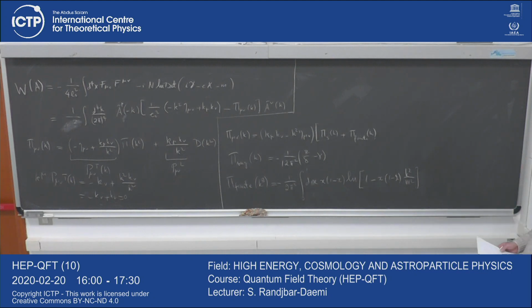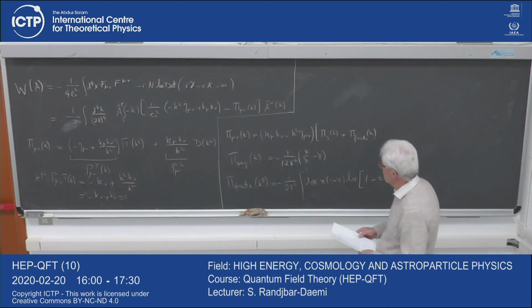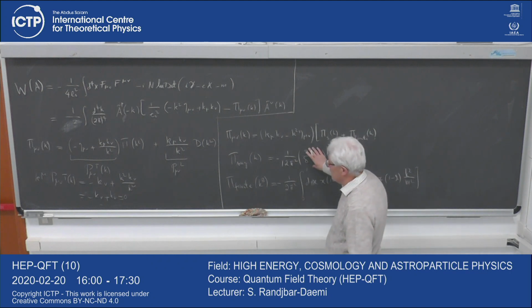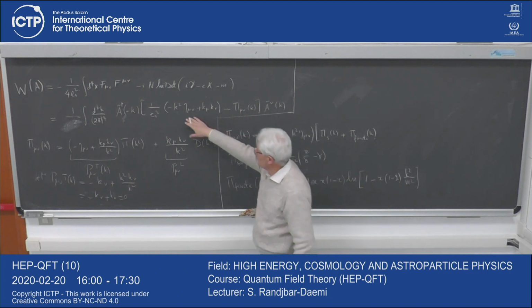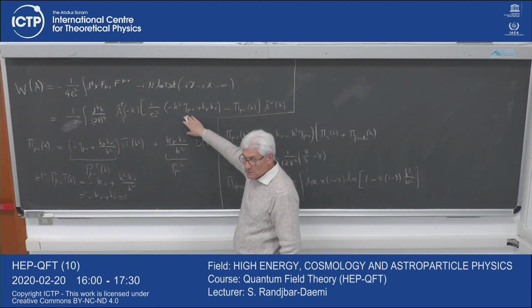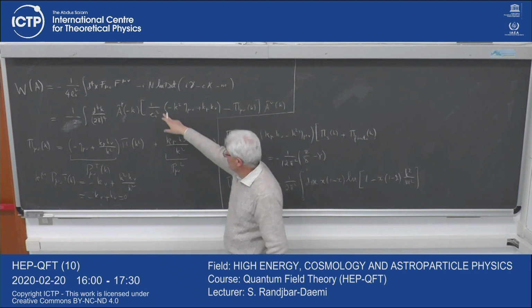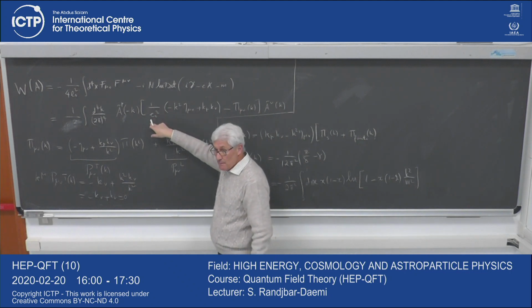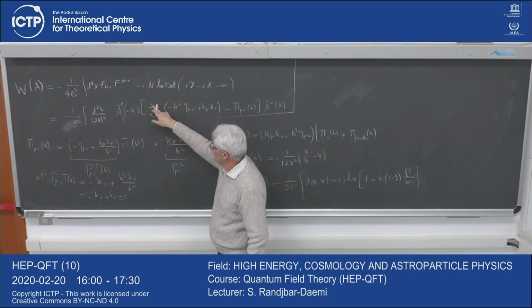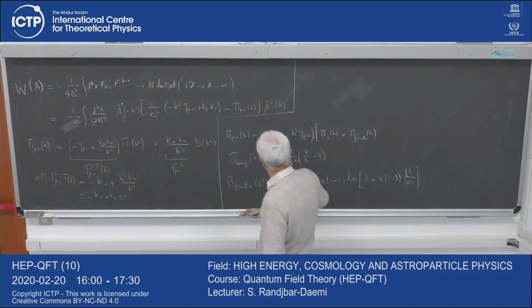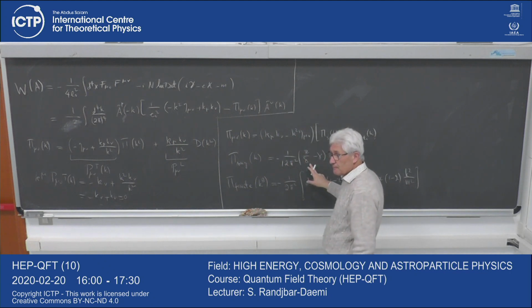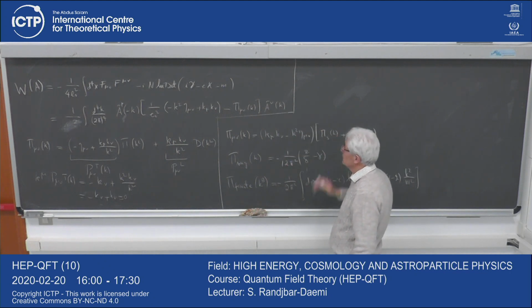The way we proceeded was to say that this constant piece multiplying that tensor has precisely the same structure as the classical part. Therefore, it should be combined with this constant piece. So this tensor is going to multiply a constant number, which is the sum of this term and this term. And then the rest should be written.